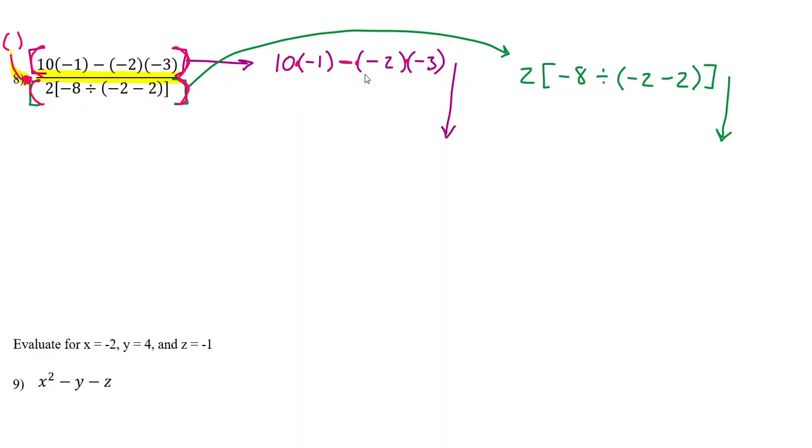Well, it's always a fairly safe bet, if you have a negative sign next to a parenthesis, to just take that and distribute it to anything inside the parentheses. So that negative sign is going to be on the -2. So minus -2 is the same as +2. So I can do this as just plus parenthesis +2.